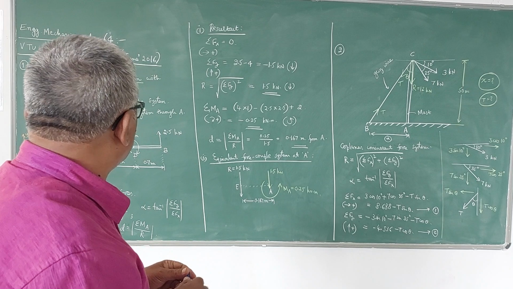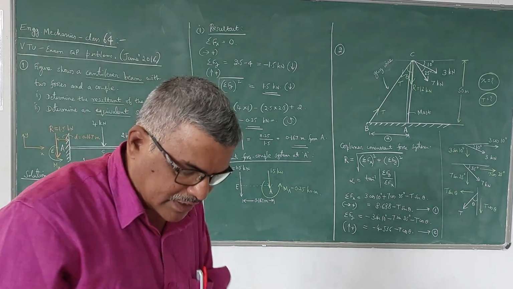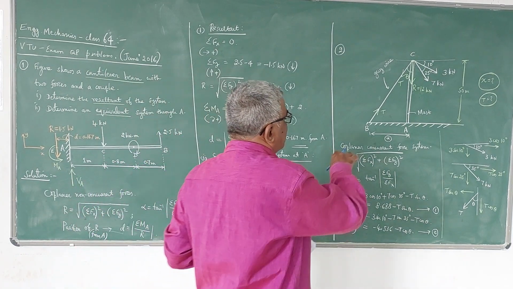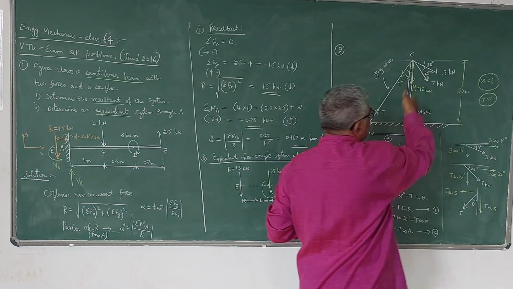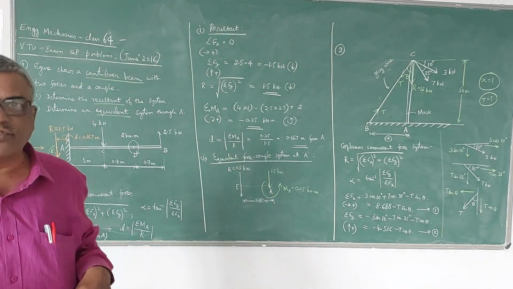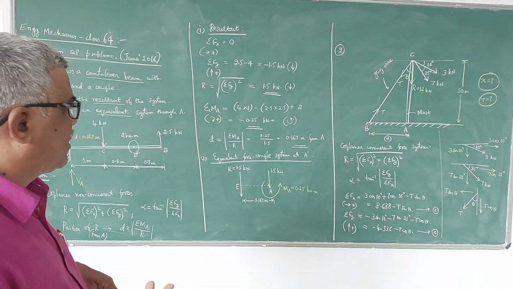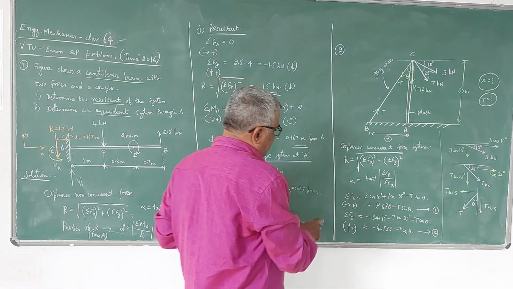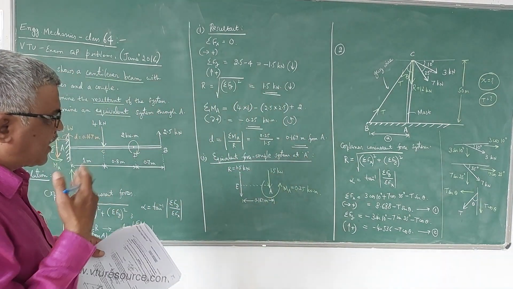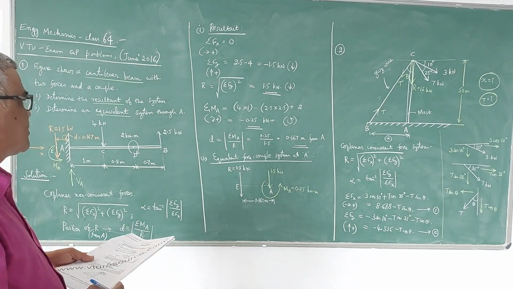Now we have to equate R equal to sigma Fy, whereas sigma Fx will be 0 because the resultant is acting vertically downwards, that is in the y direction. There is no x component of the resultant, so sigma Fx is 0, sigma Fy is R, which is equal to 12.